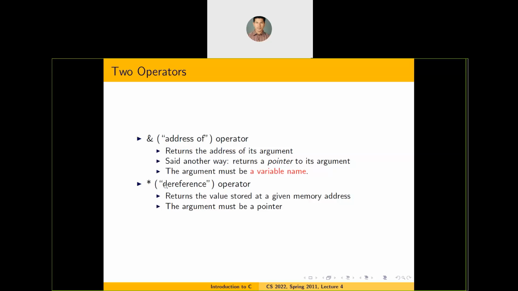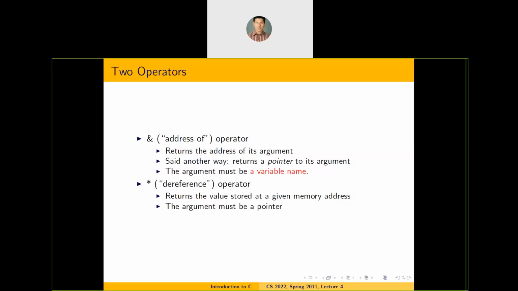Then star is also called the dereference operator. When I want to access the content of a pointer variable, I will use star with the pointer variable. This will go to that particular pointer memory location, but the location's content will not be considered as a value.